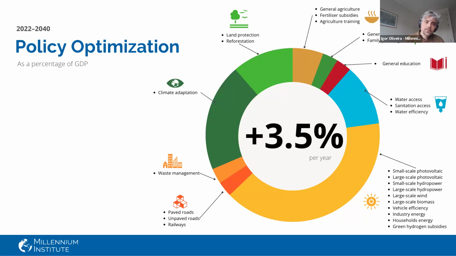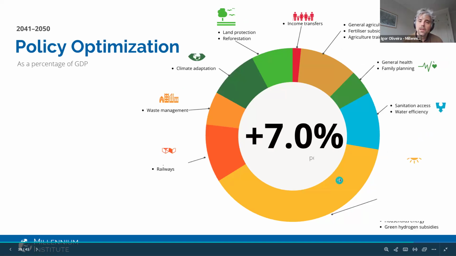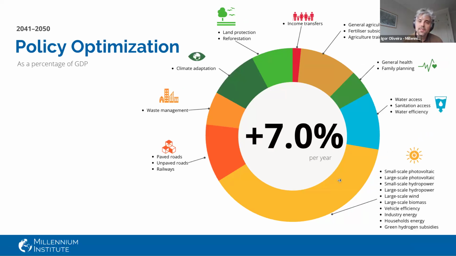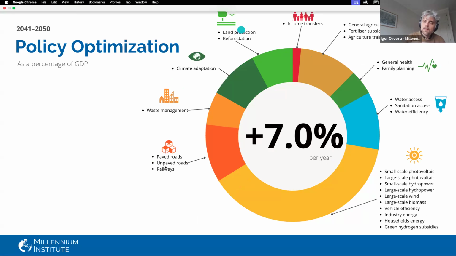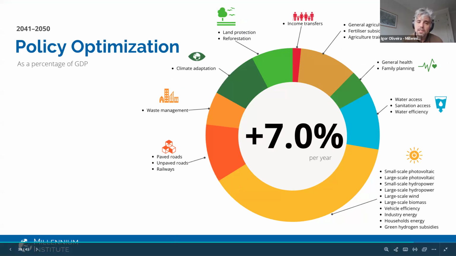In the next period, we see that what the policy optimization exercise suggests is that Brazil could spend even more, right? It could spend an additional 7% of its GDP distributed across these areas that we are showing.